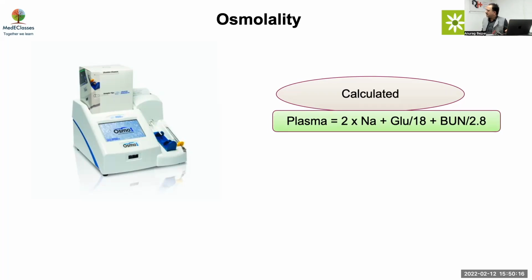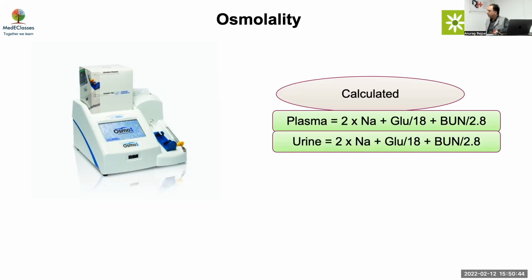Now what you need to understand is that glucose is not going to be huge in most cases. BUN is also not going to be huge in most cases. So the single most important determinant of plasma osmolality is sodium. And across the world, the sodium assessment is much more robust as compared to the assessment of osmolality. So if you do not have access to an osmometer, if you cannot measure that, forget it, look at sodium. That becomes important.